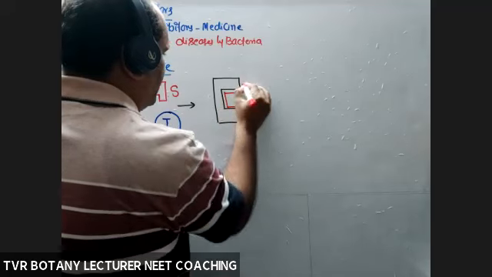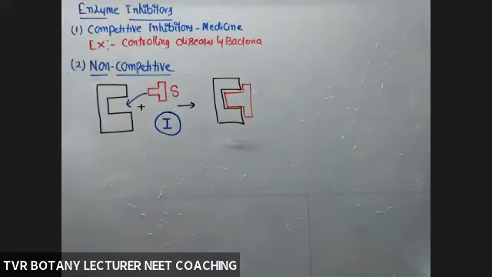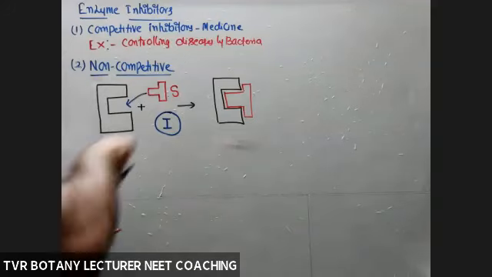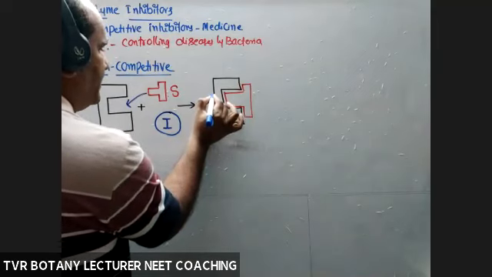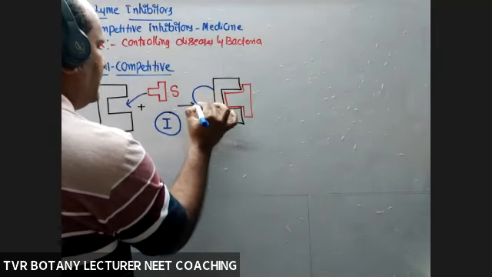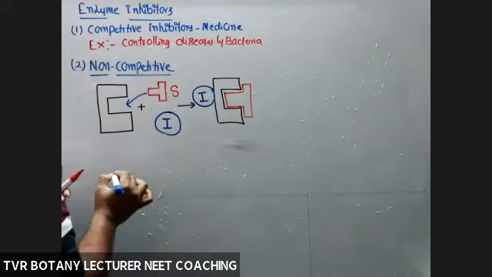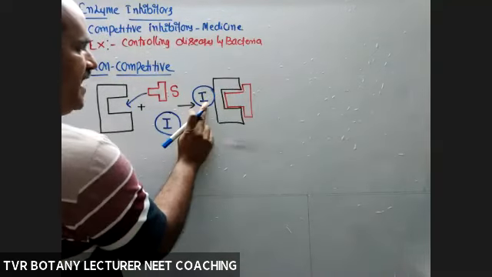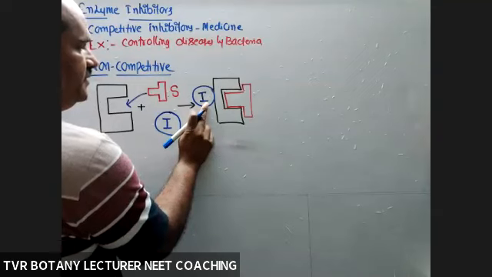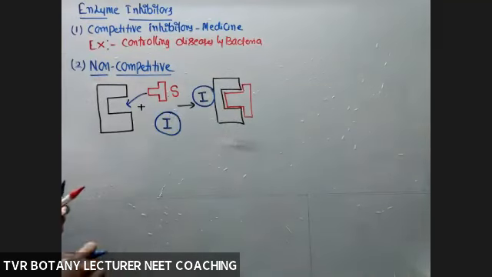In this case, the attachment of substrate at the binding site is what we need. But what about the inhibitor? The inhibitor is bound to the enzyme at a location other than the binding site.